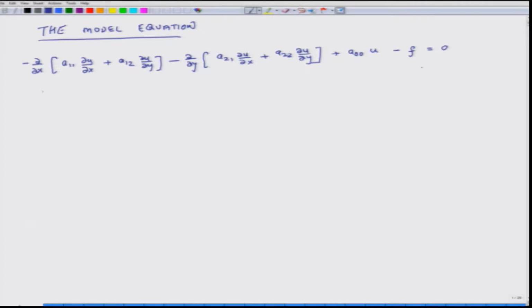And we had said that if a11 is equal to a22, and a12 equals a21 equals 0, and if a00 was also 0, then we can express this equation in the following form.